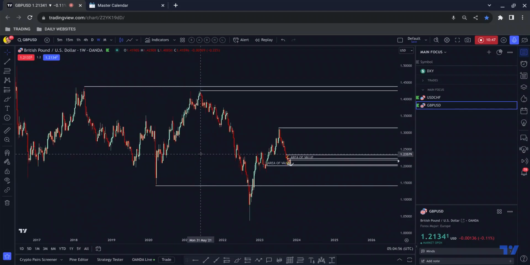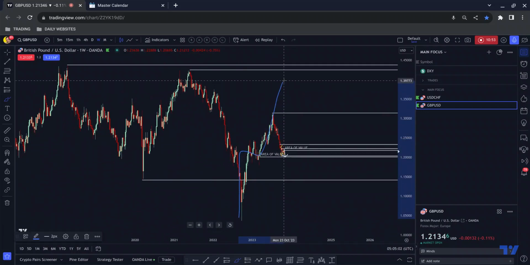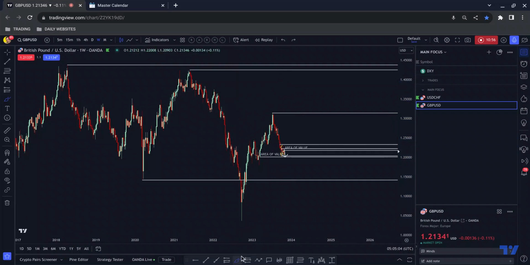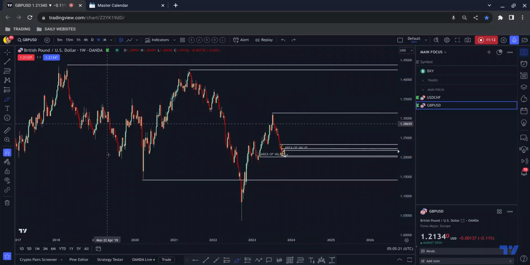And then after that, you can see we have this impulse correction continuation. And then we go into this, so price has no reason to come all the way back down here to these lows at this moment in time. So I'm just kind of seeing this as an impulse correction continuation to potentially take out this near miss and this high that we near missed last time around.